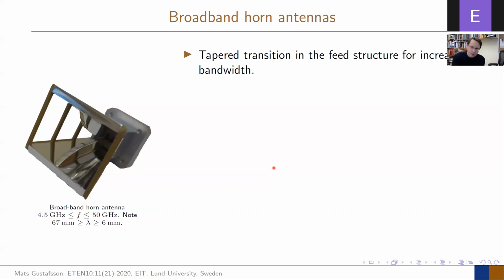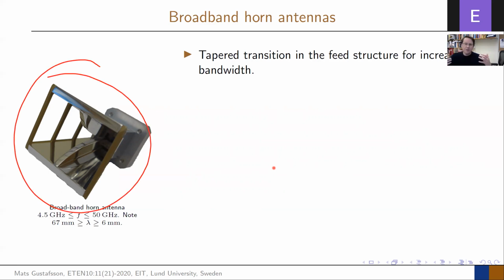And the first horn I showed on the first picture is what's called a broadband horn. So you can see it looks slightly different from this cartoon picture I had before with this typical standard gain horn. It's very similar to what we have here. So you can see some ridges that sit here. This is dual polarized, that's why the ridge is there and there. The one here is single polarized.